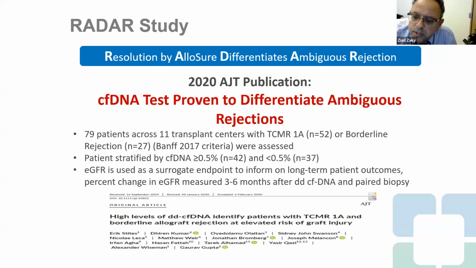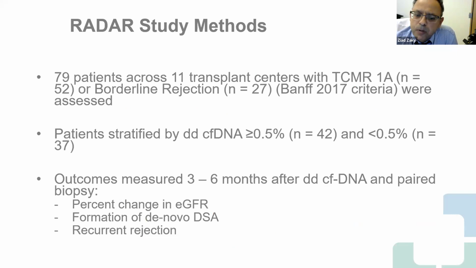So the patients were stratified according to their cell-free DNA, less than 0.5% versus more than 0.5%. And they were followed by serum creatinine and paired biopsies. And they looked at the outcomes of change in the GFR, formation of de novo DSA, and whether the patients had recurrent rejections.